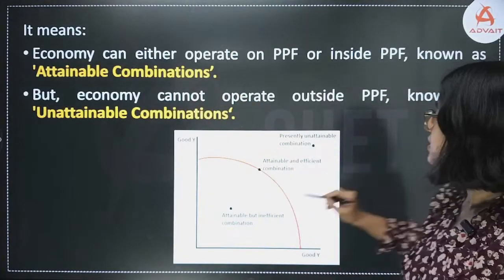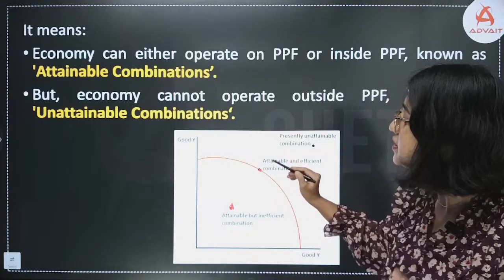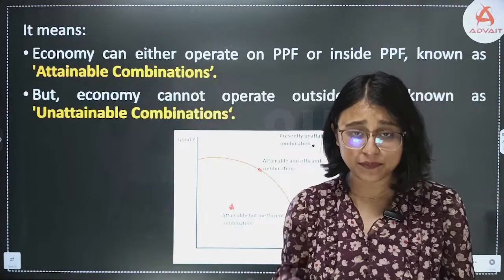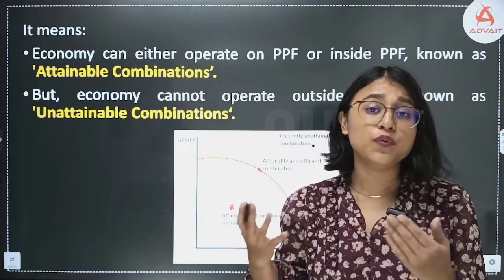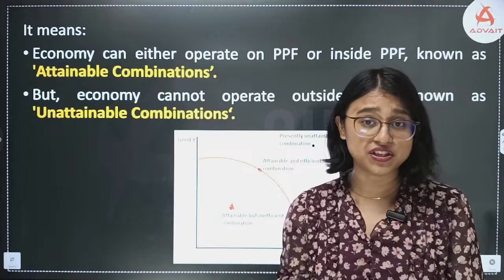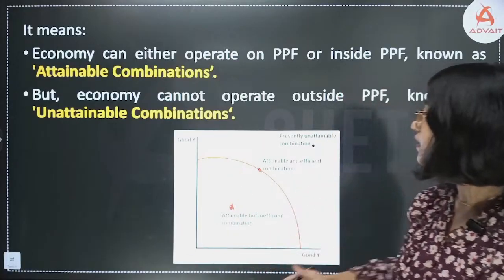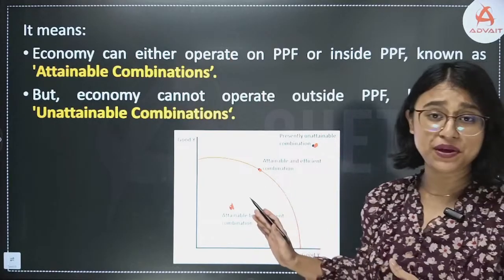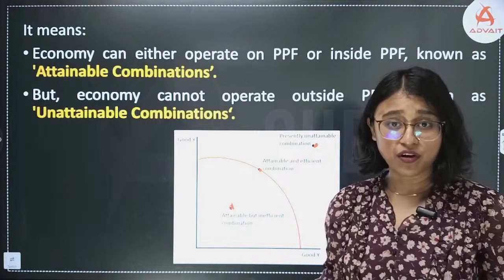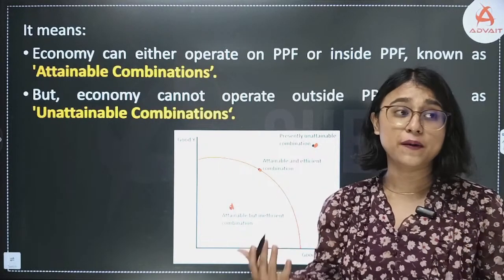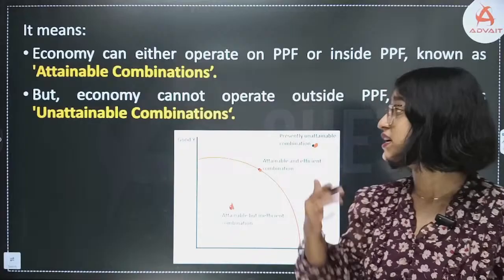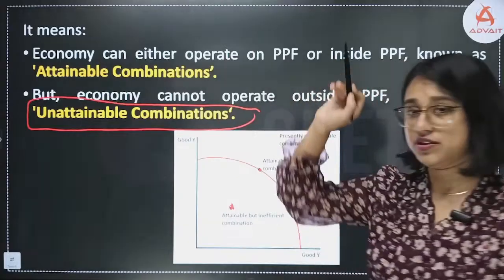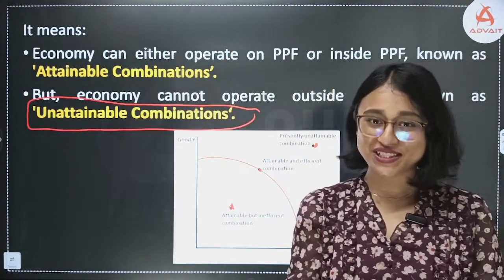Such points, inside the PPF and on the PPF, are attainable combinations because they can be attained with the given level of technology and resources. But this combination which is outside the PPF is not possible because we do not have the resources to produce that much of goods and services, and therefore it is said to be an unattainable combination. I hope this much is clear with you, right?